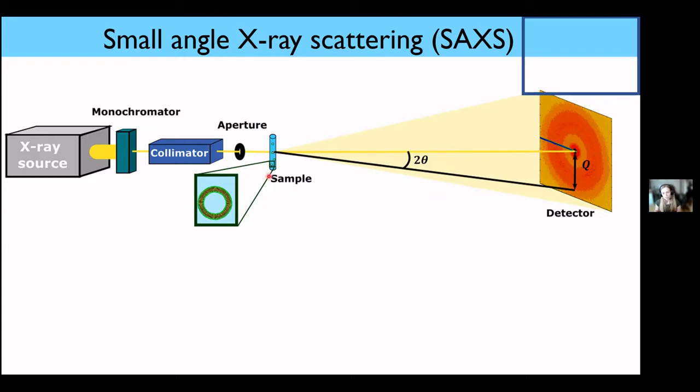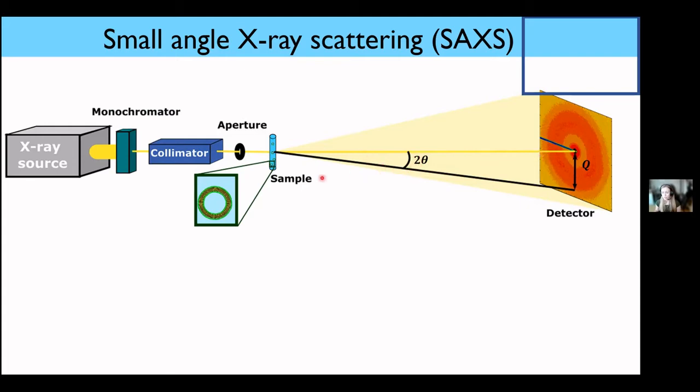So if we have a sample, such as in the example here, where you have, for example, vesicles in a solution, then you will get this isotropic scattering pattern. So what the scattering is only depends on the scattering angle here.